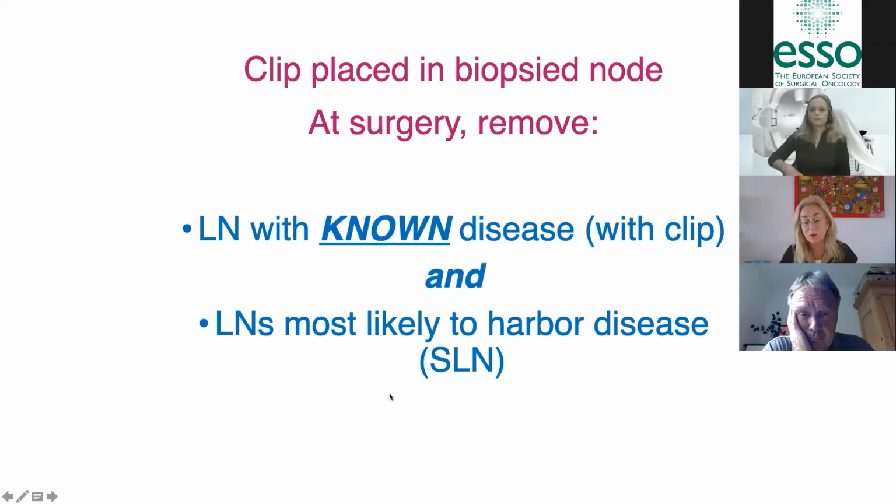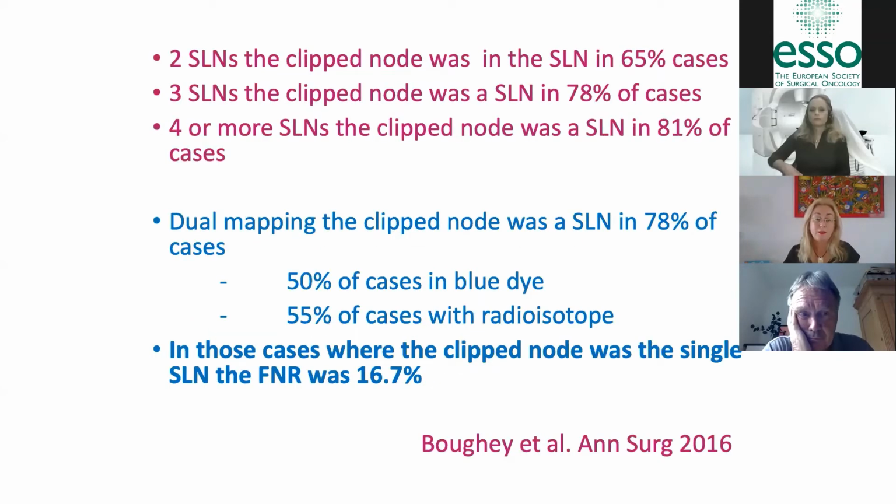This was called by the group from MD Anderson the TAT procedure, because we've learned that when you use the TAT procedure and you excise more than 2 sentinel lymph nodes, the rate of false negative is very low.